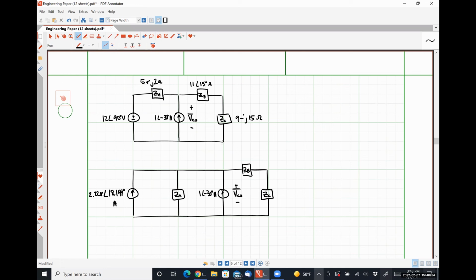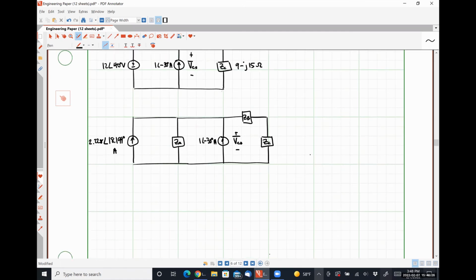So I would say that this quantity, VCS, is simply 2.228 angle 18.199 amps plus 1 angle negative 30 degrees amps multiplied by ZA times ZB plus ZC over ZA plus ZB plus ZC.